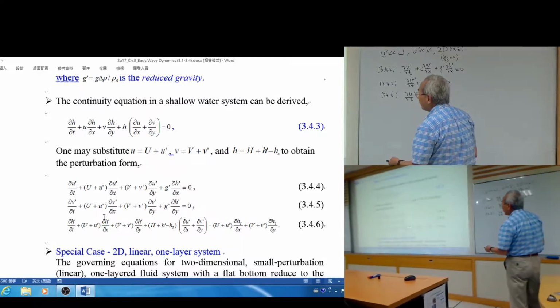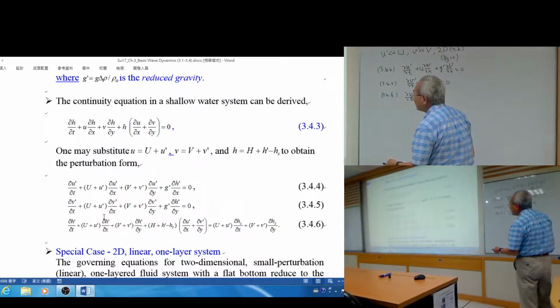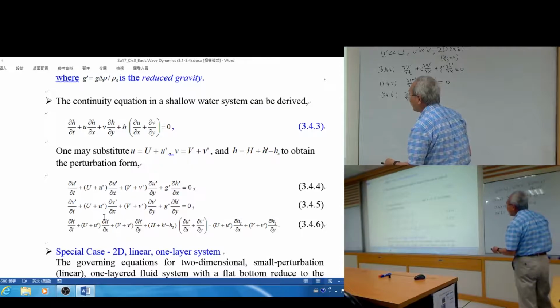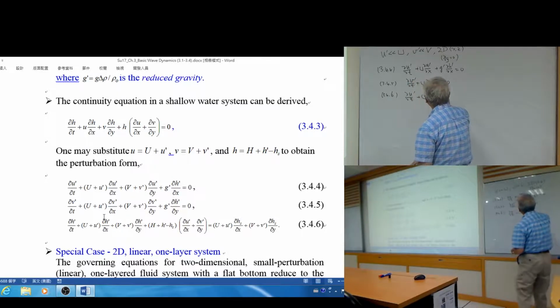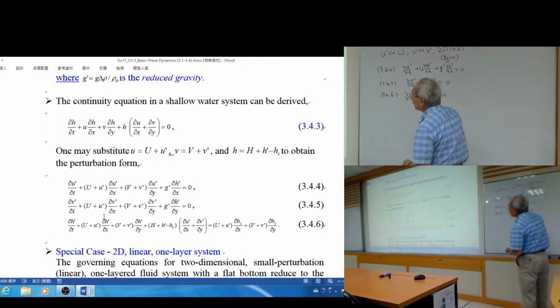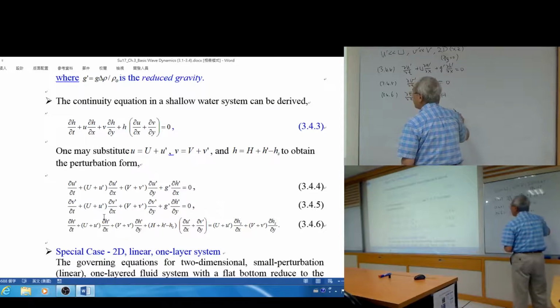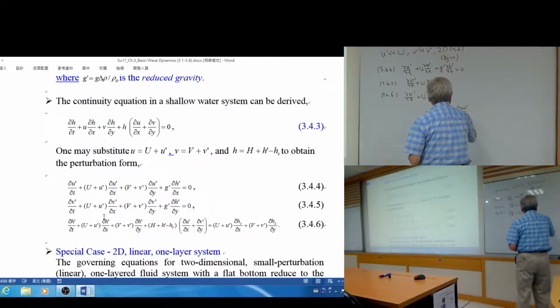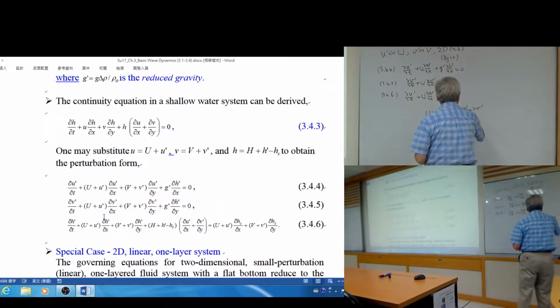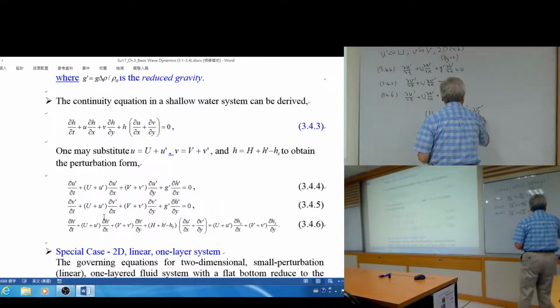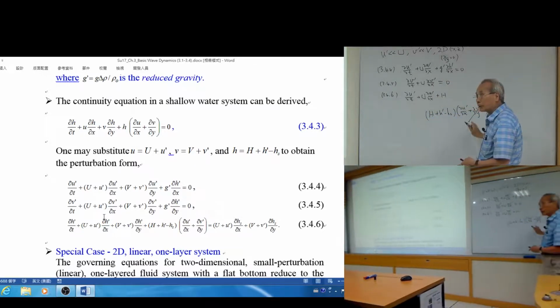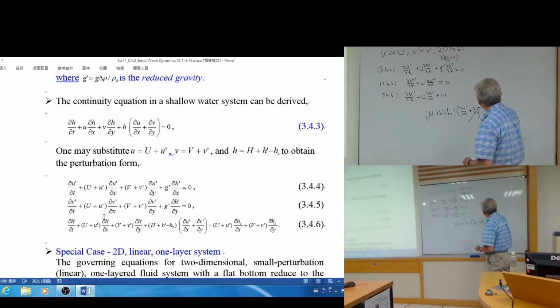And then this is gone. And here, we keep H and H prime, because the H prime term will be nonlinear, so only keep H terms. So H plus H prime, HS, partial u, partial x plus partial v, partial y, this is gone because 2D.